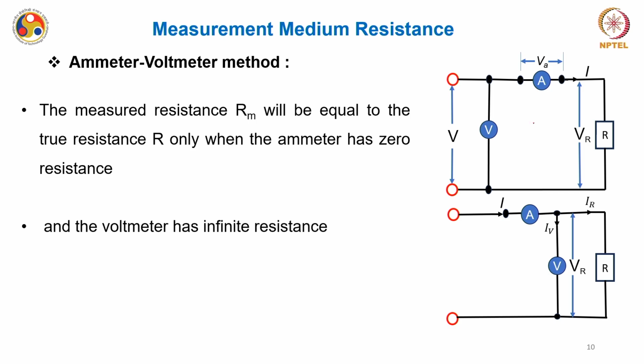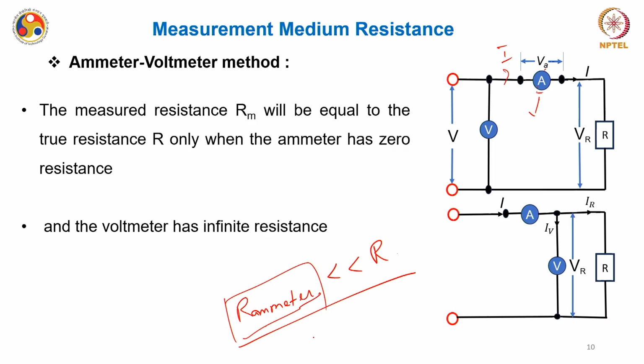Because say this current I is flowing through this ammeter, which we know has very small resistance, Rm meter, small compared to the R value. Even then there will be a voltage drop across it. If VA is the voltage drop across this and the resistance is Rm meter, the voltage drop VA will be equal to I into Rm meter, right?